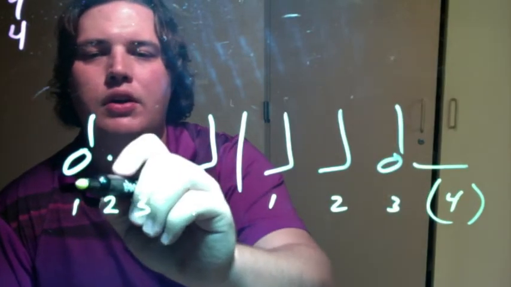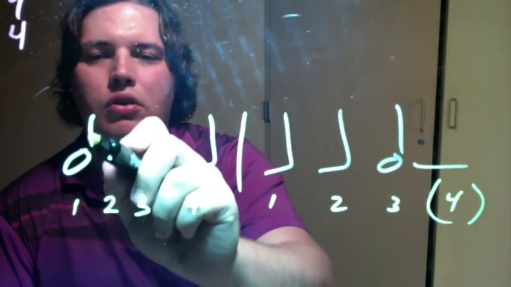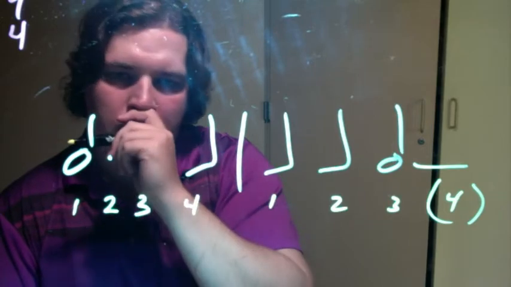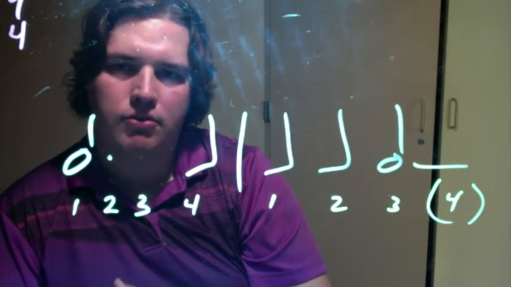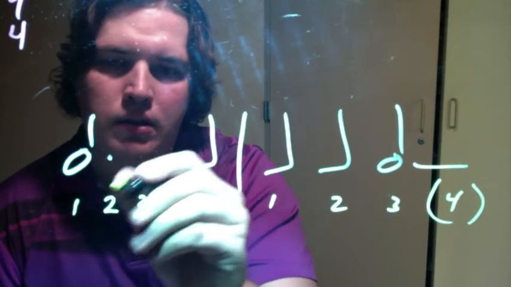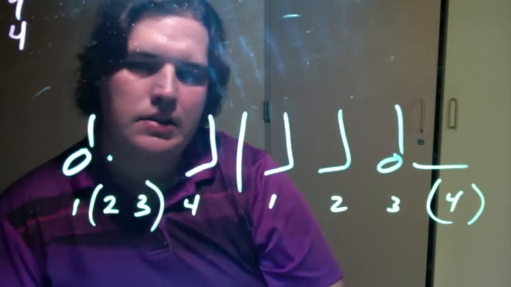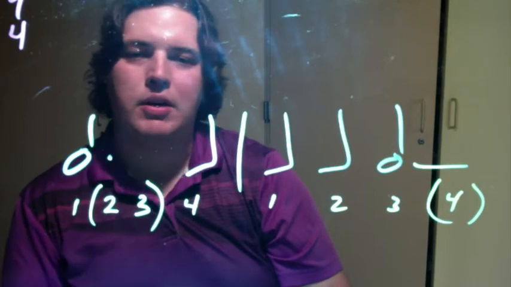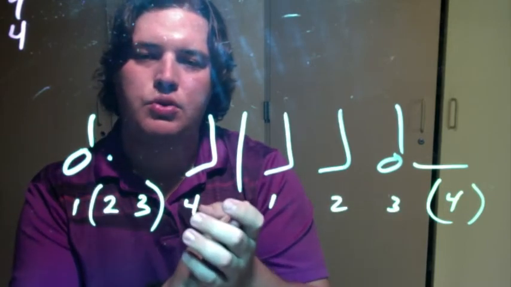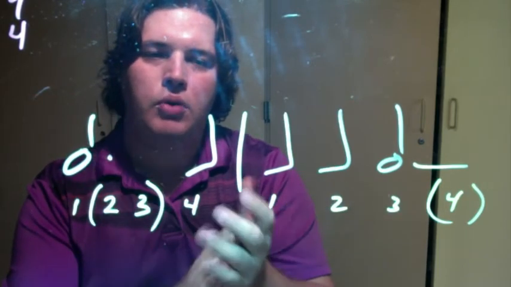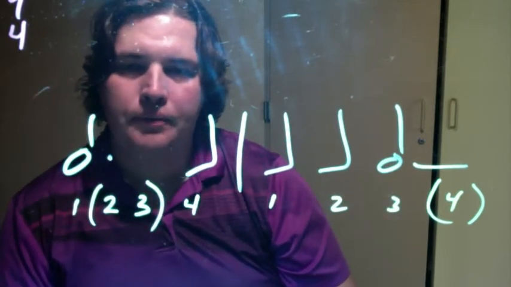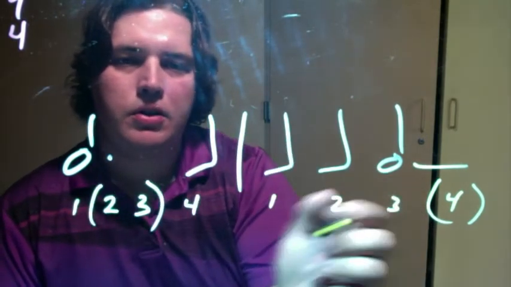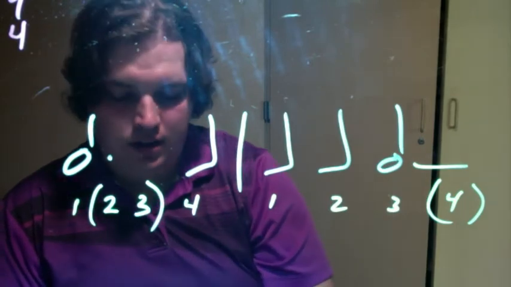Over here I have this dotted half note, and it's going to equal 2 plus half of a half note. So think about 3 beats there. If I was clapping or playing on my instrument, I'd have a 1, 2, 3, 4, 1, 2, 3, 4. And that's how it's going to look in your music, as a dotted half note.